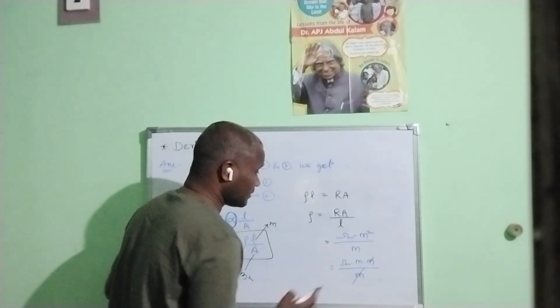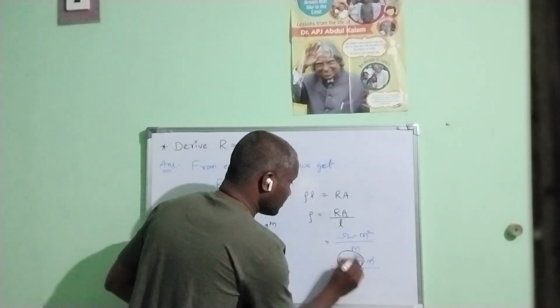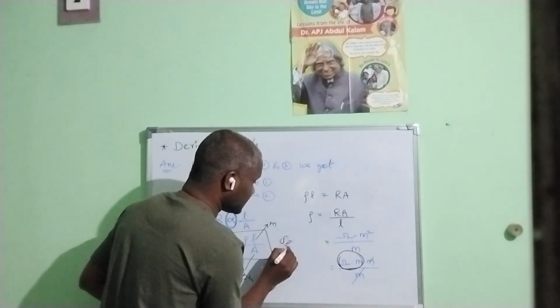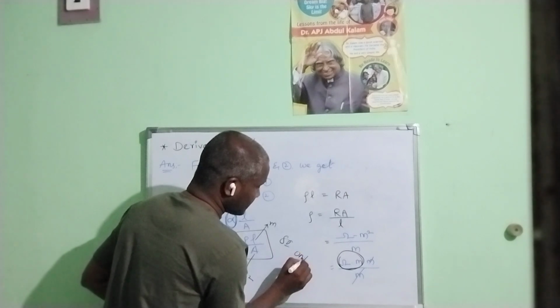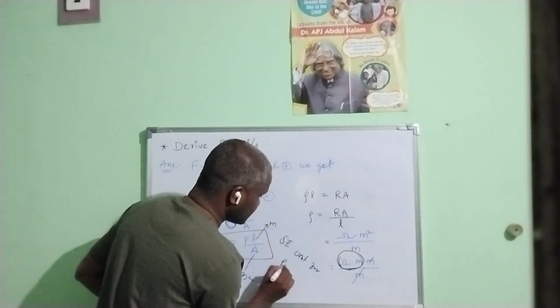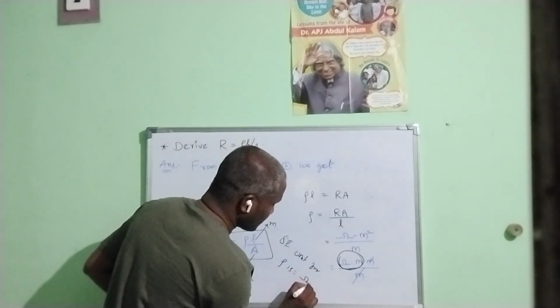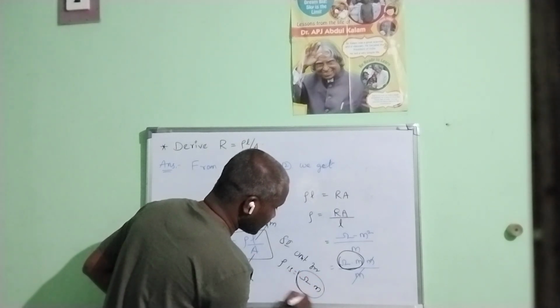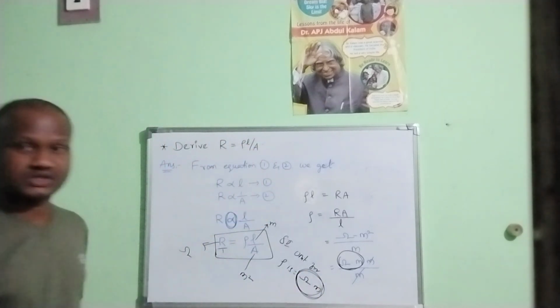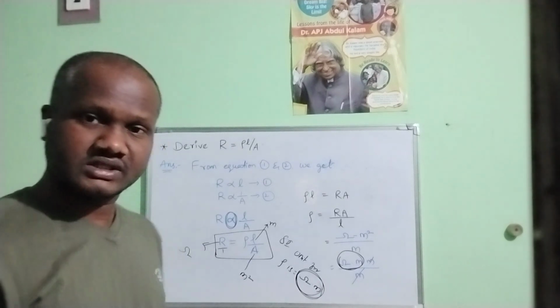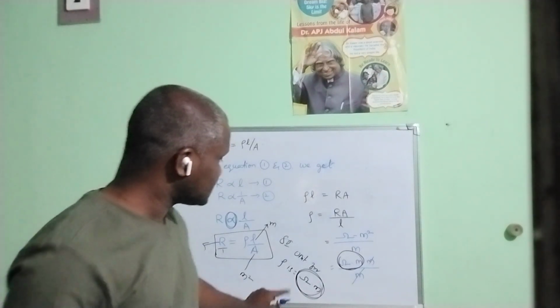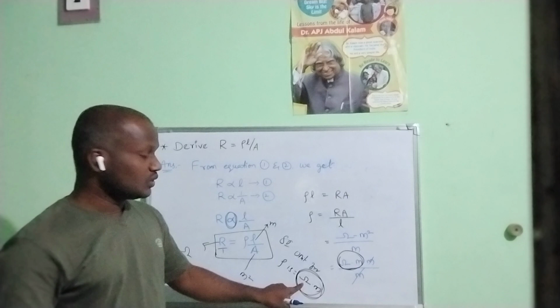And finally what we have? Ohm meter. So in that way we get the SI unit for resistivity as ohm meter. This is a very important unit also. For resistance simply ohms, and for resistivity it is ohm meter.